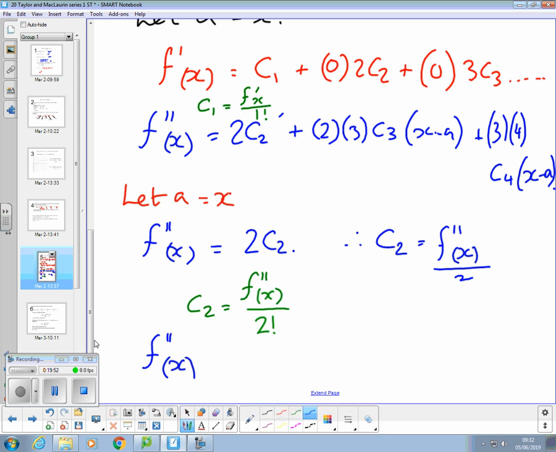The reason for that is that will be the 2 times 1 that we had previously. So you write it as 2 factorial. Right. Third differential. So we're differentiating this one. Constant 2 times C2 will disappear.